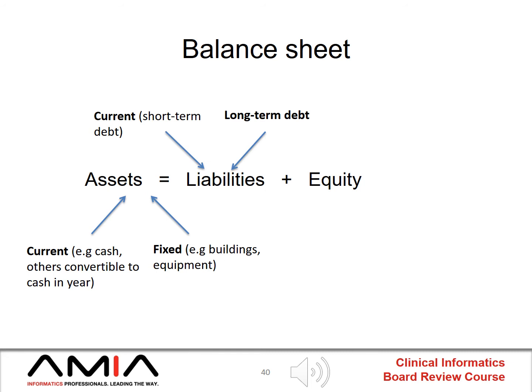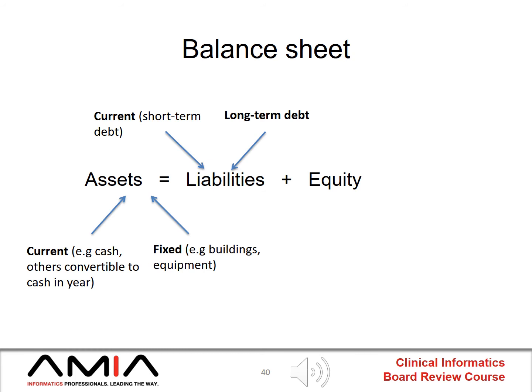Assets are current assets such as cash or other instruments that can be converted to cash within a year, and you have fixed assets such as buildings and equipment. Your liabilities are current and long-term. So current would be short-term debt, and long-term debt is the other portion of your liabilities.